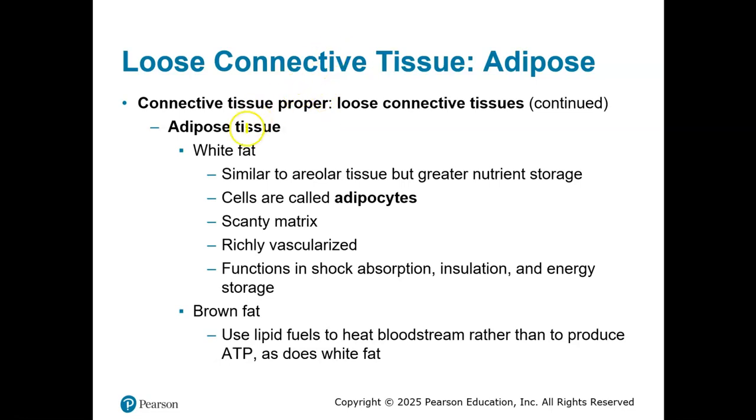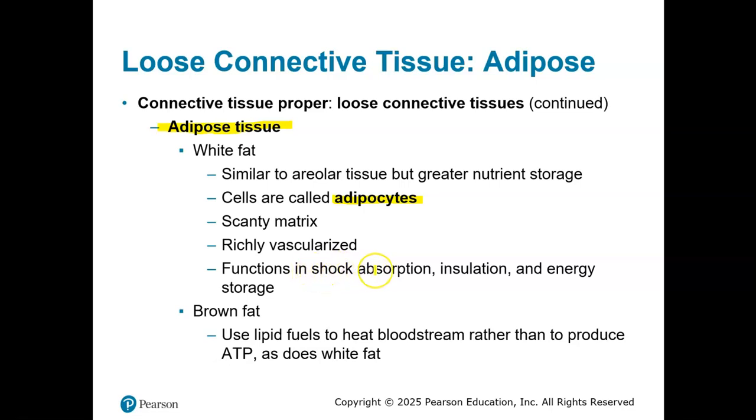Then we have adipose tissue, which just means fat tissue. That is another type of loose connective tissue. The cells in adipose tissue are called adipocytes, which means fat cells. It functions anywhere you have fat tissue in the body, like what fat would function to do.